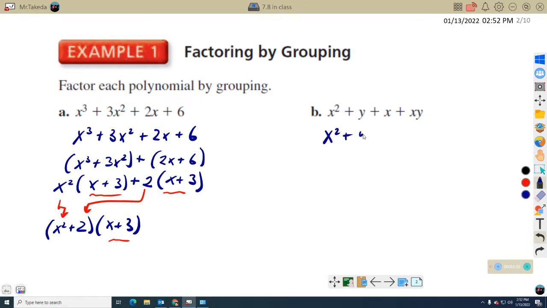x squared plus y plus x plus xy. In this one I can see that the x squared and the y have no common factors. The x and xy do have one common factor. You could rearrange this, but we don't need to. Let's just go ahead and split this up because I want to show you something else with this one.